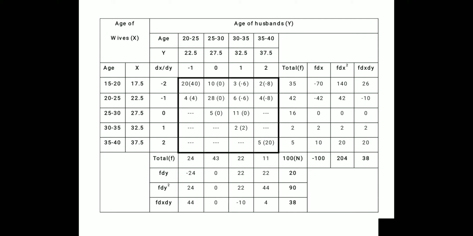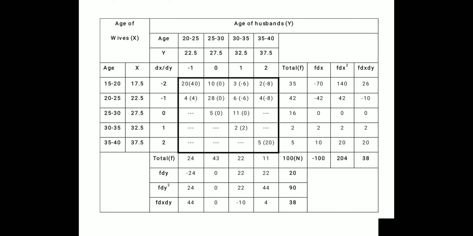And the total sigma f dx dy will be 38. And when we consider the same calculation in the vertical column, that is 44, 0, minus 10 and 4 here. So if we total the f dx dy in the horizontal manner or the vertical manner, the total value of f dx dy will always be the same for x value and also the y value. So here the f dx dy of both x and y is 38.